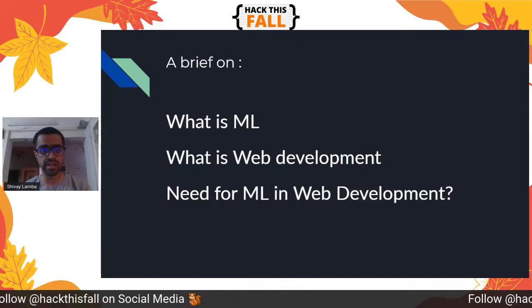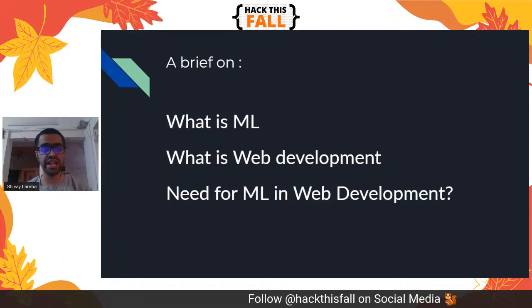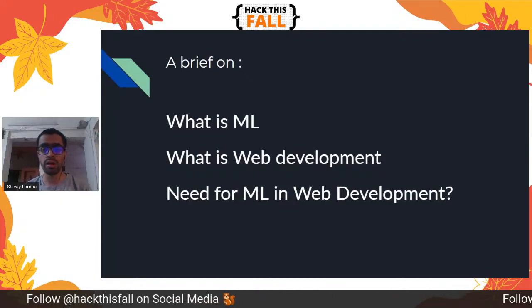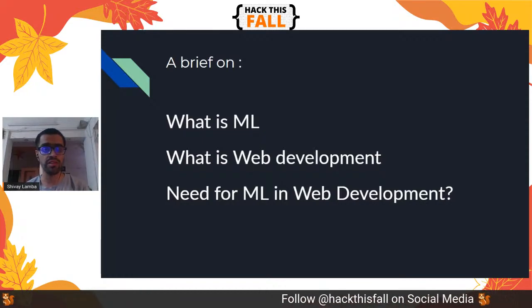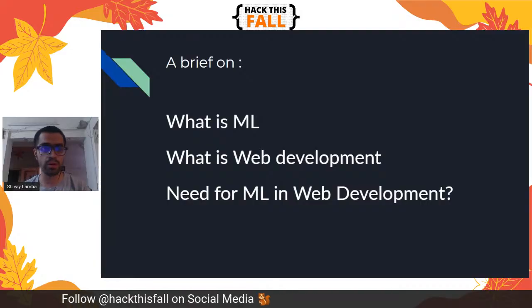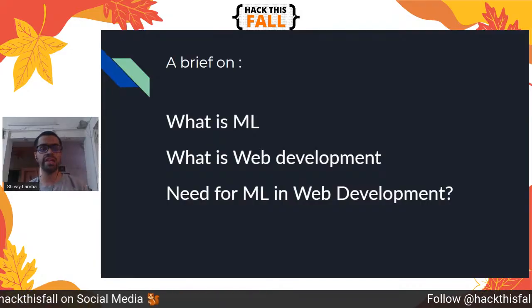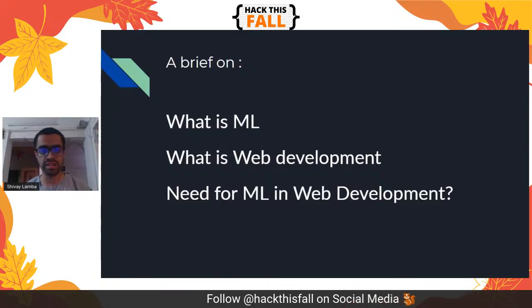Or Twitter, where sentiment analysis is used to detect and delete hate posts or discriminatory posts happening online. Or Gmail, which categorizes your emails on the basis of whether the email is spam, a promotional email, or an important email. So you're seeing the applications of machine learning in all the different kinds of fields.